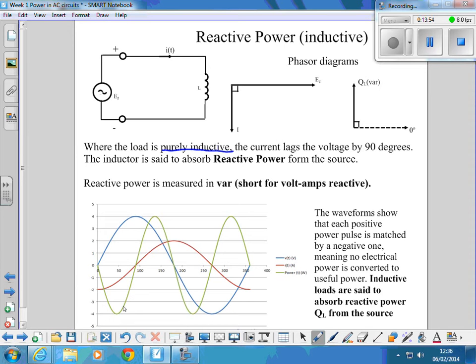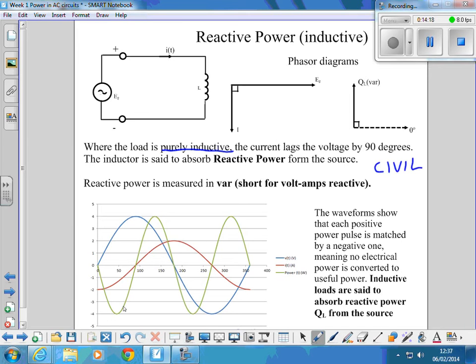I've drawn 2 phasor diagrams representing that circuit. The first one is the phasor difference between the voltage of the supply and the current flowing in it. And anyone remember what the word is to help you determine? CIVIL, yeah.